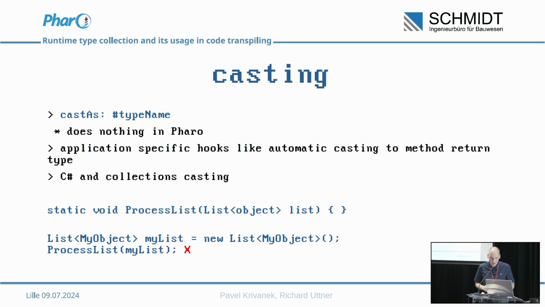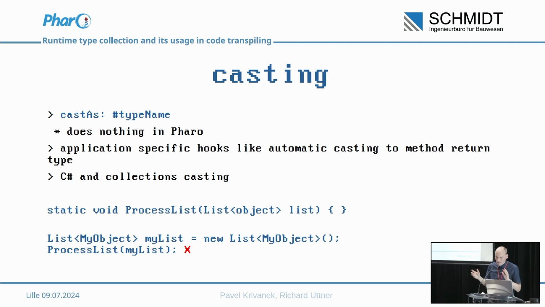It's really nasty. There are ways how to do that using some dynamic cast, but it's really slow because they actually need to do a copy of the list only because of the type changing. So this way I was able to create a simple benchmark which was for the equivalent code in Pharo like 1 million times faster than in C#.